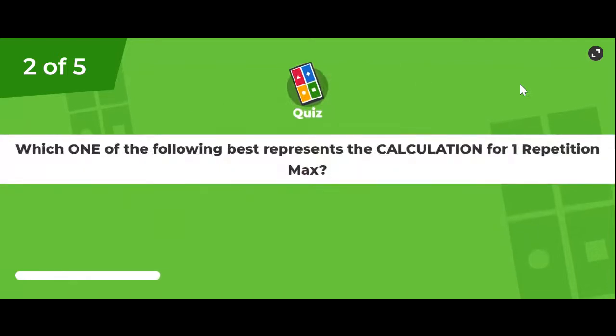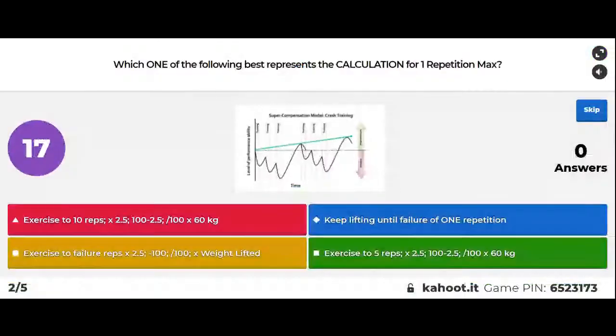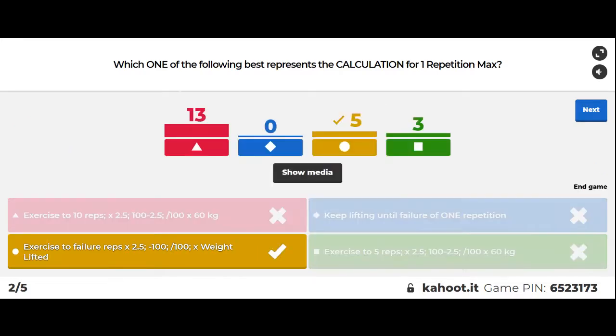Question number 2. Which one of the following best represents the calculation for 1 repetition max? Oh, okay.